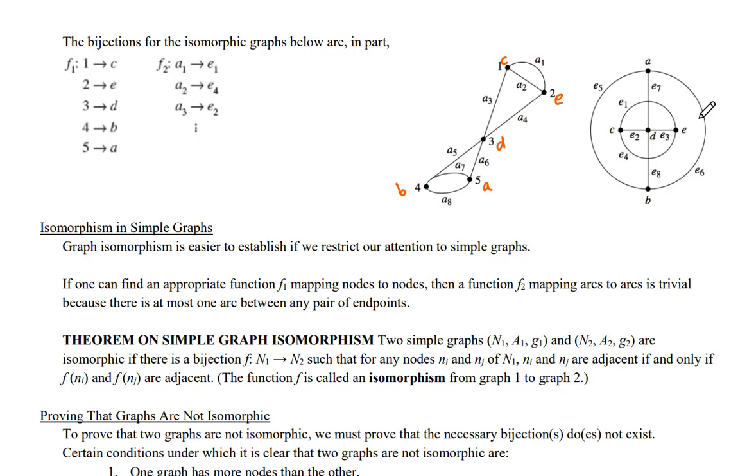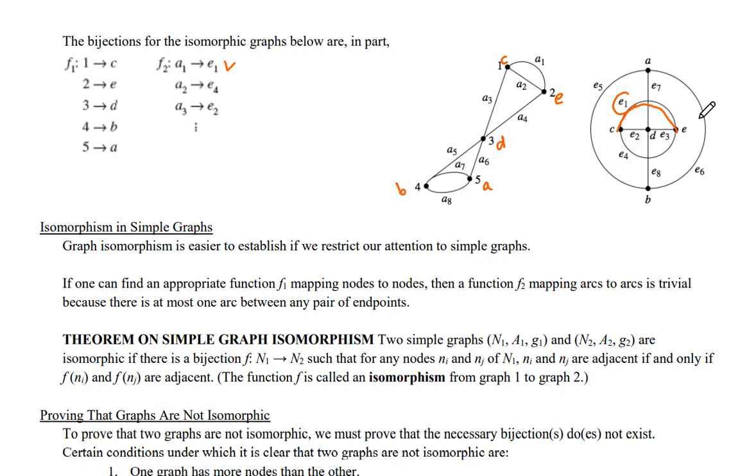For example, A1 in graph 1 takes C to E. Here is C, here is E, and we call it E1. A2 again takes C to E, so we call it E4, and that's what we have.